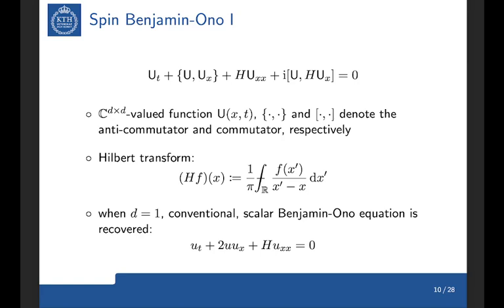The anti-commutator term just becomes multiplication. And we get this conventional Benjamin-Ono equation. This is known to be integrable. It has an inverse scattering transform, and importantly for our purposes, it has soliton solutions that are governed by the conventional, rational CM system.